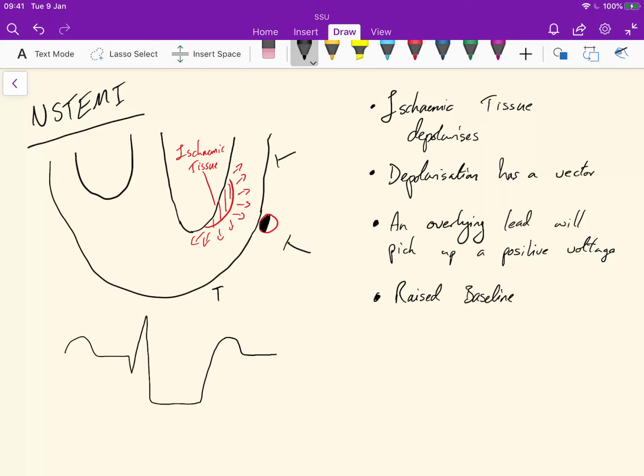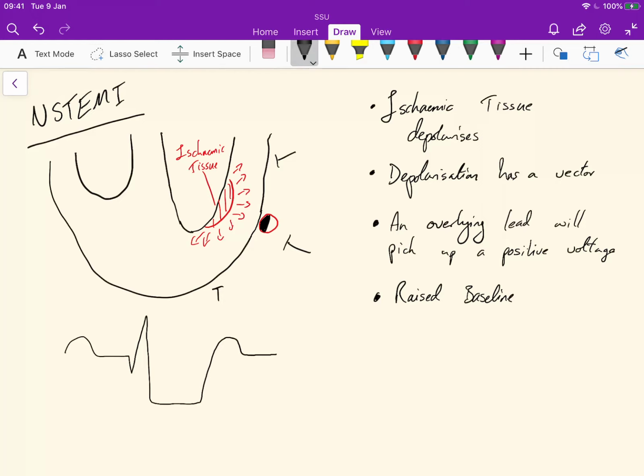The reason for that is because suddenly there's a positive voltage being read by a heart that could be at rest. At this point here, the heart's at rest. There's no depolarization moving through it, but we have this ischemic tissue here causing depolarizing currents to move in this direction. So any overlying lead is going to pick up a positive voltage.